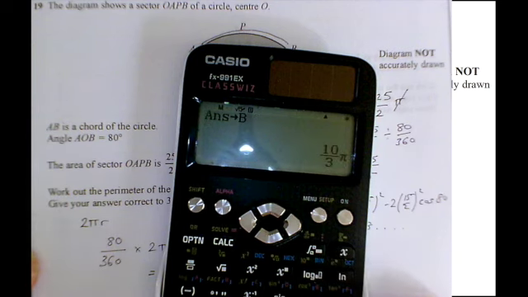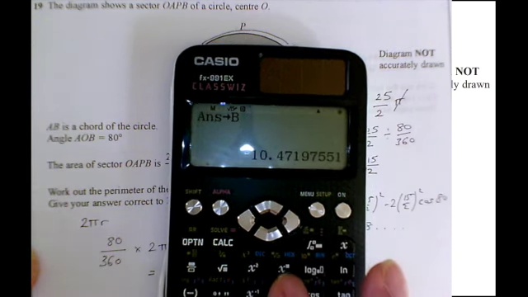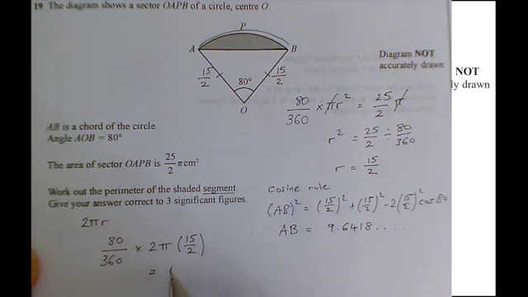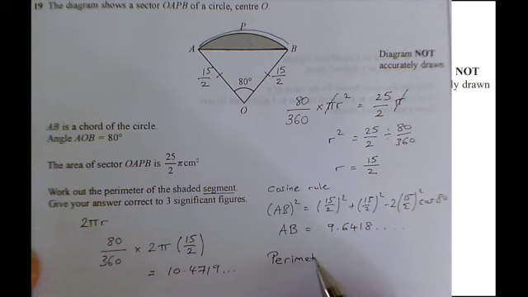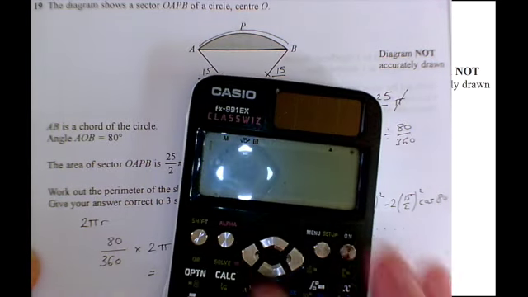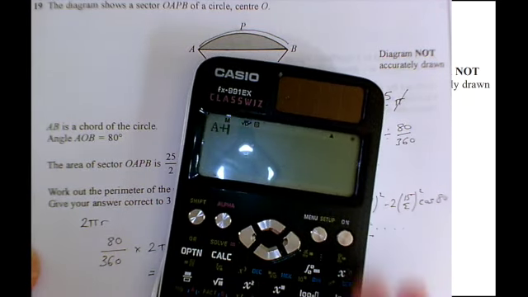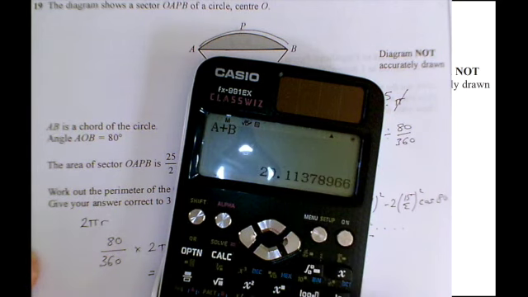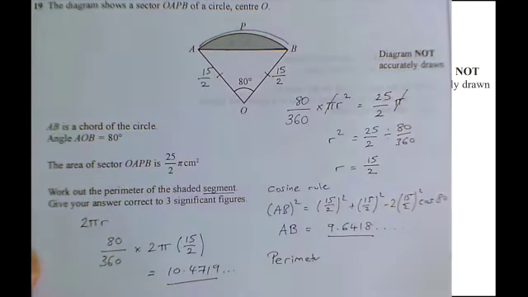So add that on to my previous answer, and I find that the perimeter of the whole shape is just over 20.1 in fact, to 3 significant figures.